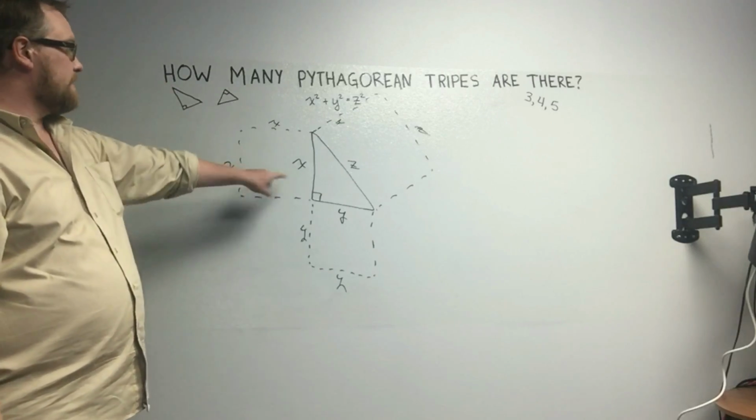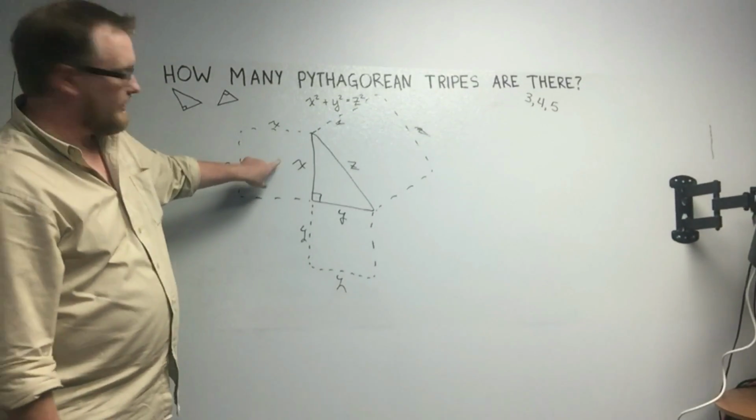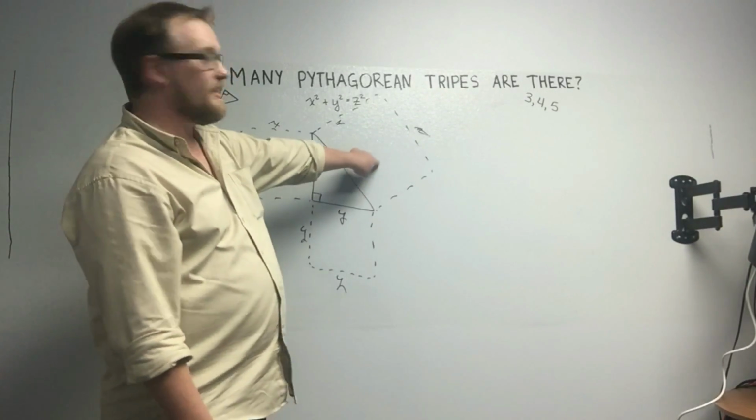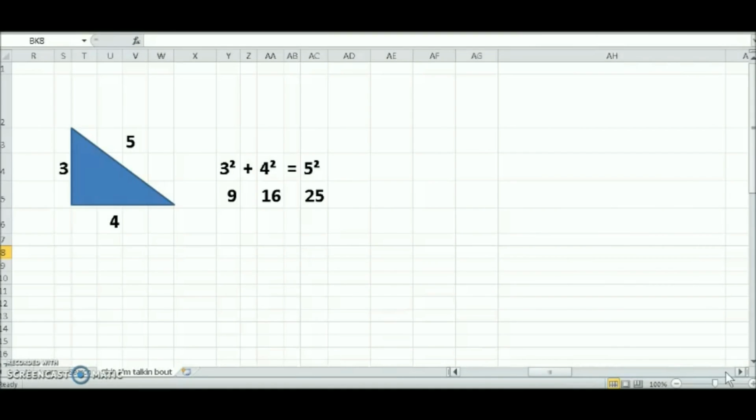If you add the area of this to the area of that, you get the area of this. Three whole numbers that satisfy that equation would certainly be 3, 4, and 5, meaning 9 plus 16 equals 25.